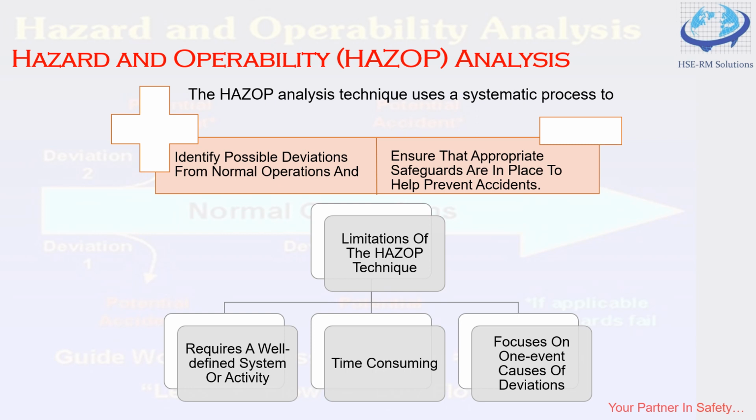To apply the HAZOP guide words effectively and to address the potential accidents that can result from the guide word deviations, the analysis team must have access to detailed design and operation information, that is P&ID, process P&ID. The process systematically identifies specific engineered safeguards, that is instrumentation, alarms and interlocks, that are defined on detailed engineering drawings.